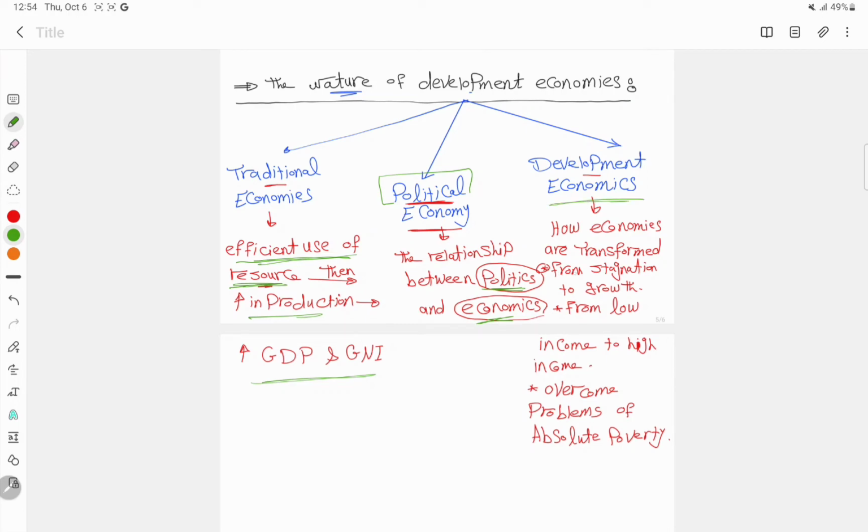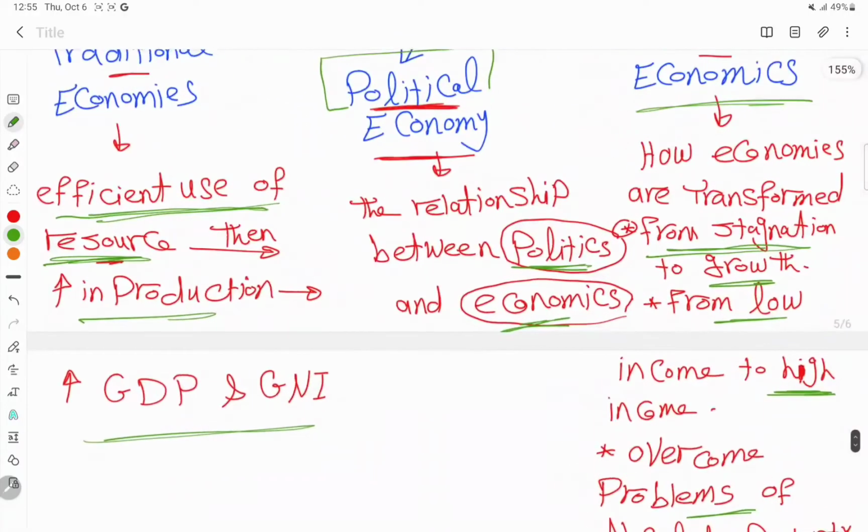Development economics is how economies are transformed from stagnation to growth, from low income to high income, and number 3, overcome problems of absolute poverty. That's the nature of development economics.